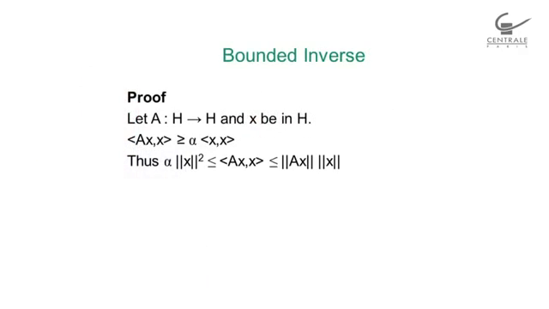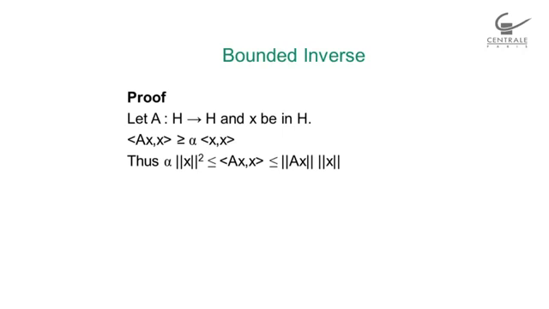Now, what we can derive from this is that alpha times the norm of x squared is smaller than (Ax, x), that we know, but it's also smaller than the norm of Ax times the norm of x, obviously, because we have an inner product here, so we have this inequality, which is always true.